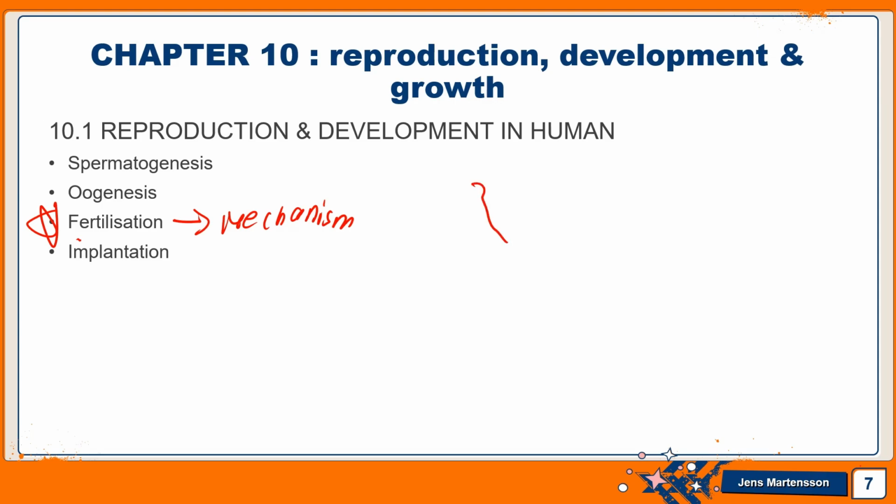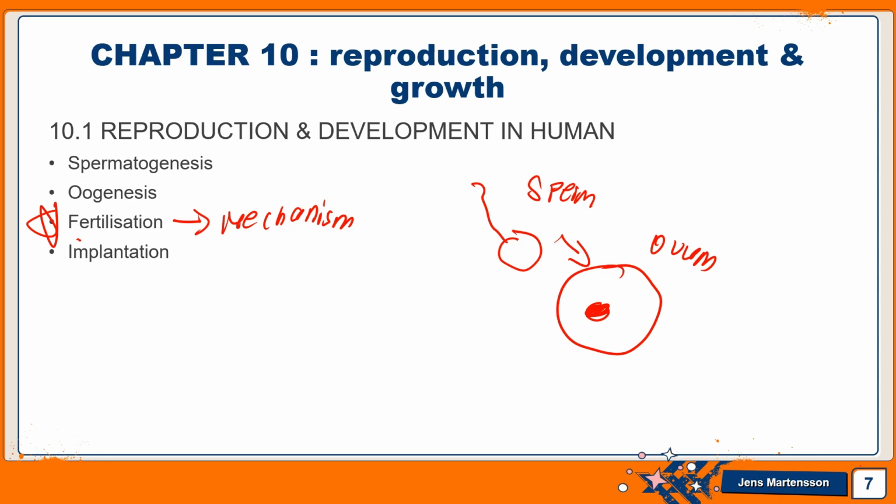We all know that the sperm will penetrate the ovum. Sperm, ovum. How does the sperm penetrate the ovum? Macam mana? Awak pernah ingat tak? Have you thought about it before in SPM? In SPM you have not learned this, but in Form 6 you have to learn this mechanism in fertilization.